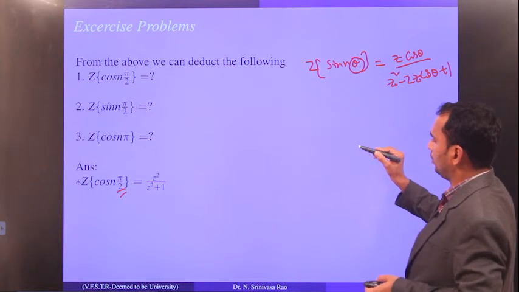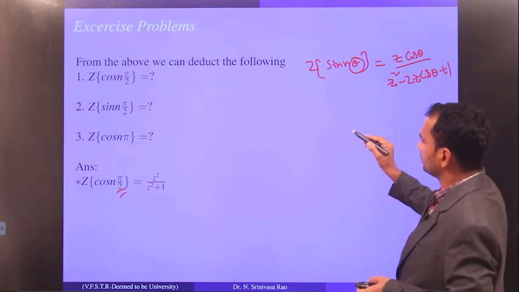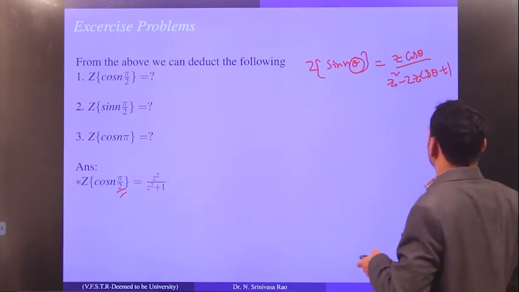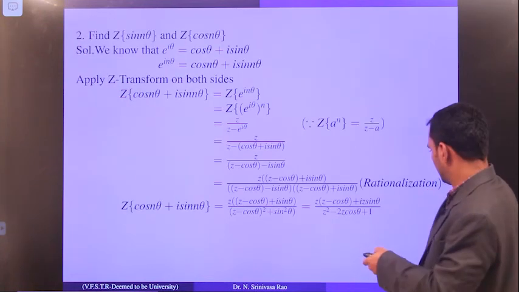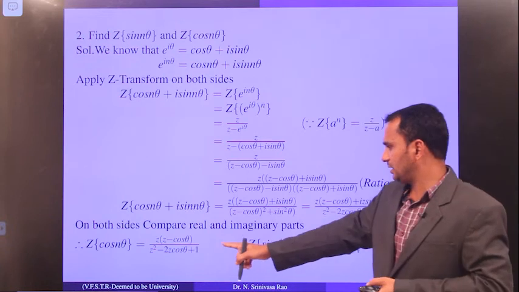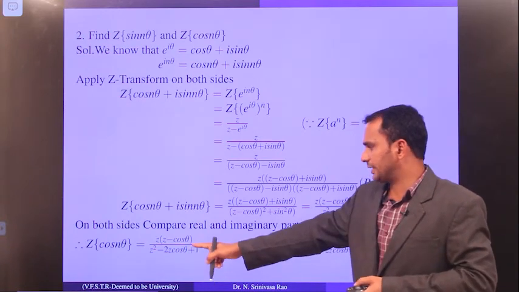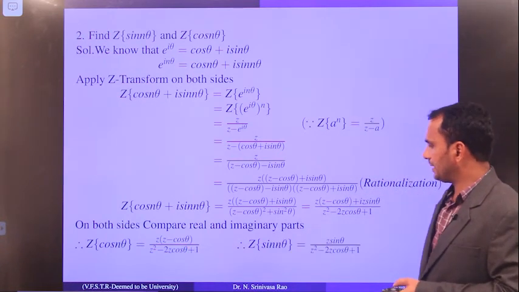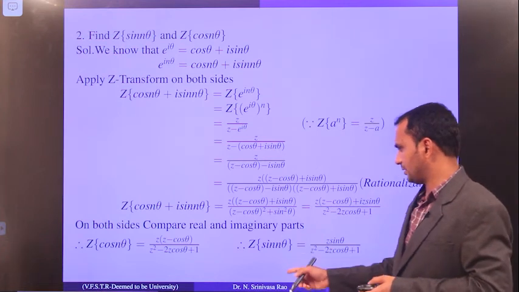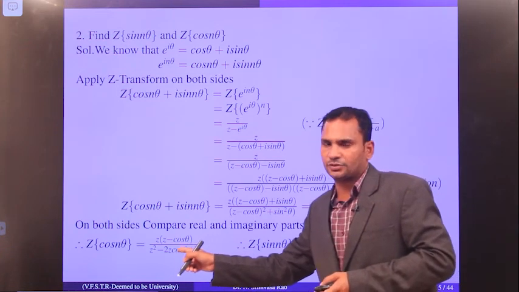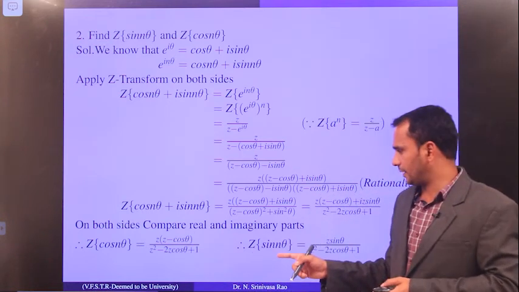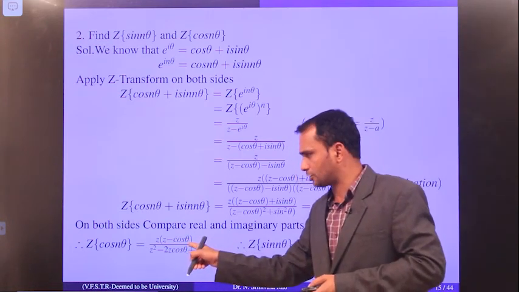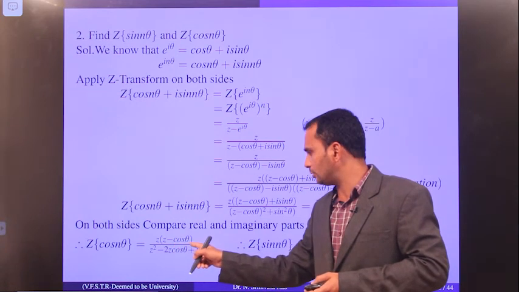For Z of cos n theta, just remember the formula: z into z minus cos theta divided by z square minus 2z cos theta plus 1. In the place of theta, if you substitute pi by 2, you will get z square by z square plus 1.